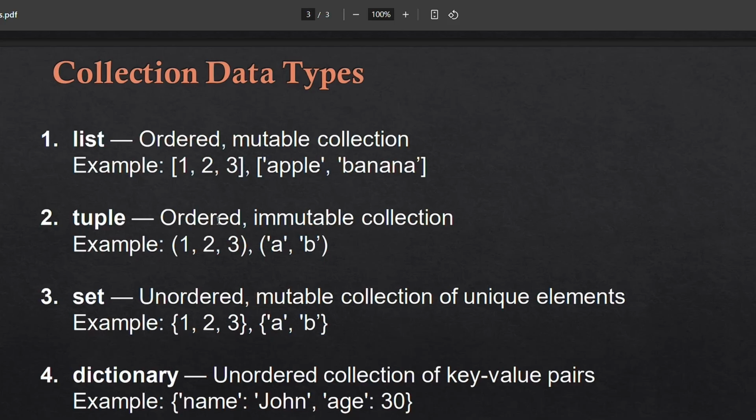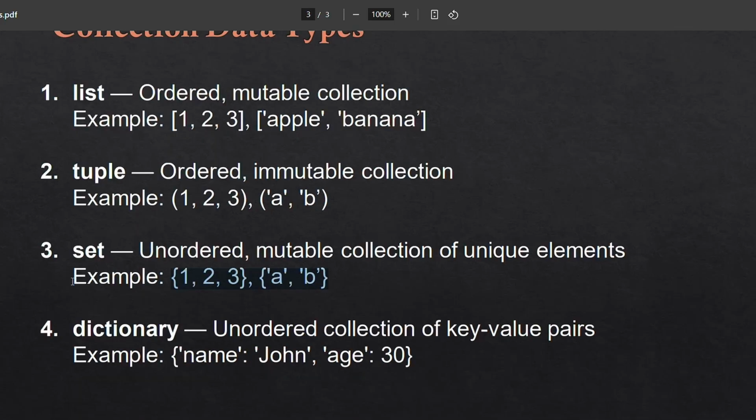Second is tuple, which is also an ordered and immutable collection. And the third one is set data type, which is defined in curly braces. Fourth is a dictionary, which has keys and values in it. It is also defined in curly braces. So now we will see these data types in Google Colab, how these are used.